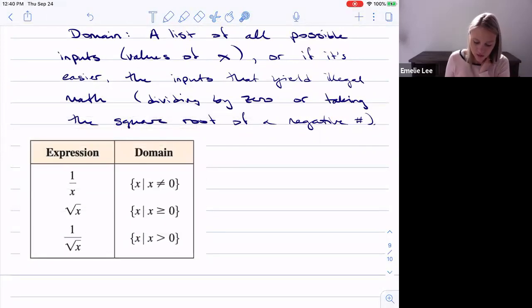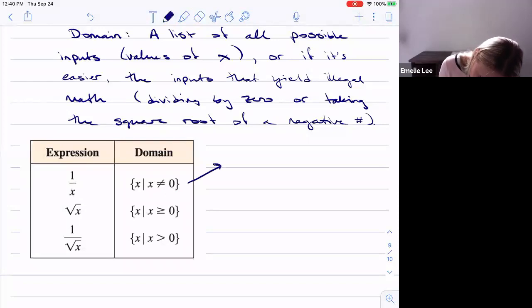Okay, and we use set builder notation. So if we have something like 1 over x, well, we can't divide by 0. So what we say is the domain is the set of all x's such that, remember how we read set builder notation, x is not equal to 0. So it can be anything except 0.